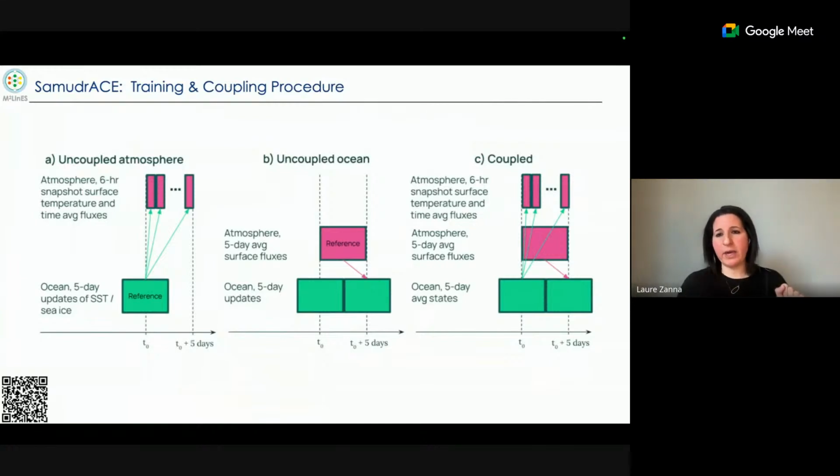But for our AI emulators, we don't train over the full state. We basically train them separately: ocean only with the given atmospheric forcing, atmosphere only given the ocean surface forcing. Yes. And then after we pre-trained each component, we fine-tune them together.